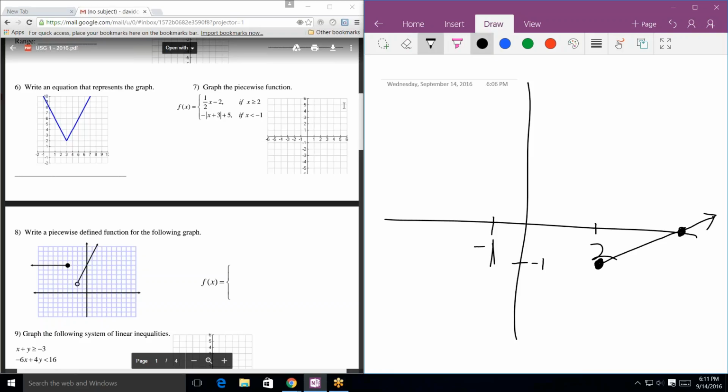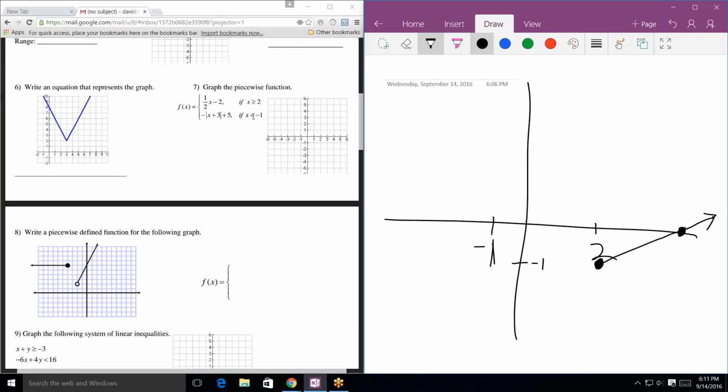Okay? But what you want to do here is, even though it says x is less than minus 1, to get that first point, I'm going to plug in minus 1 into this function here. So what do I get? When I plug in minus 1, what's the f of x value?